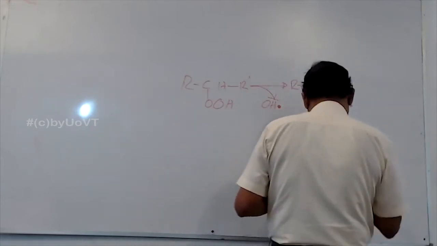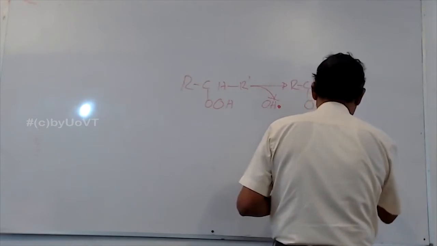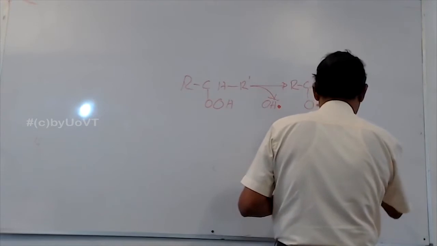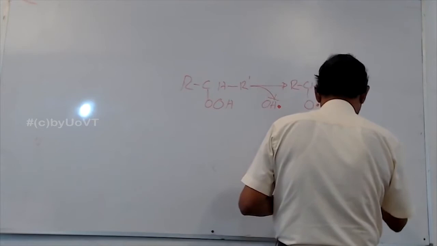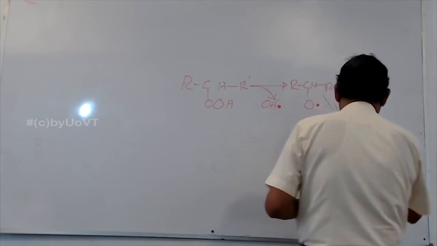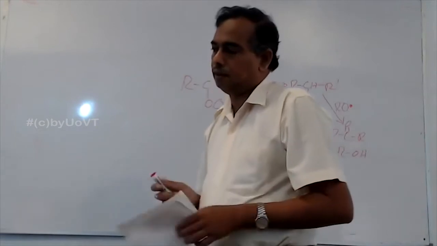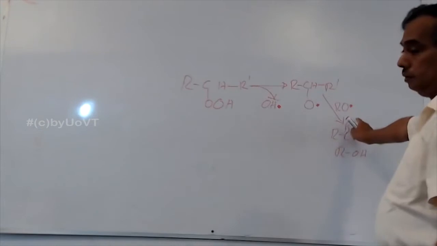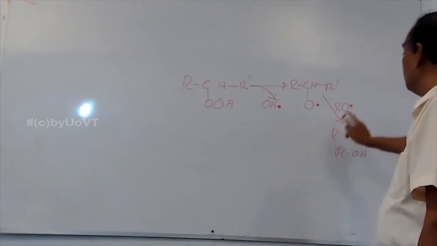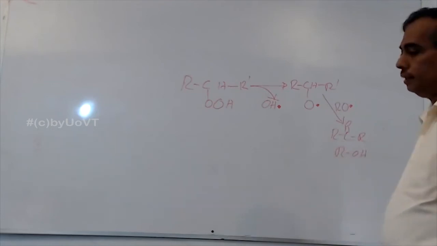Then this can be converted into two types of compound, RCOR or ROH. What are the compounds? Ethers and alcohols. If it interacts with these RO free radicals, the compound finally produces ethers and alcohol like this.